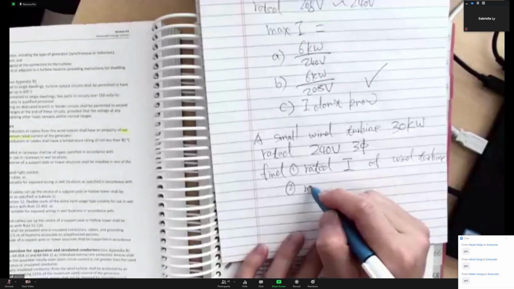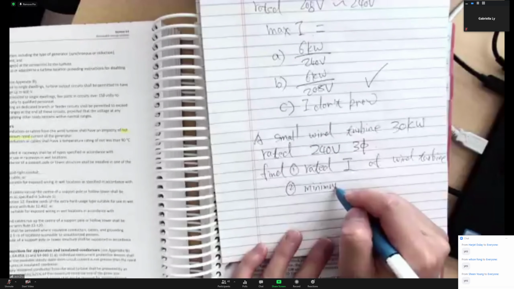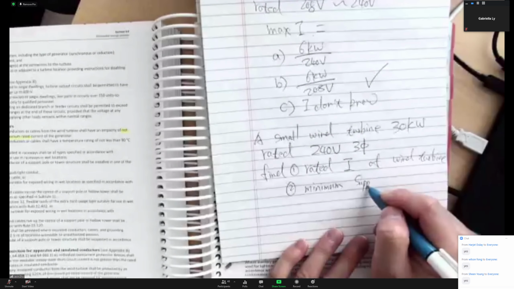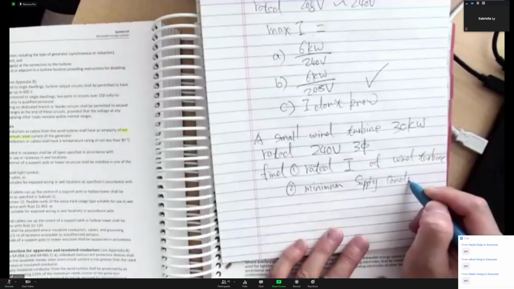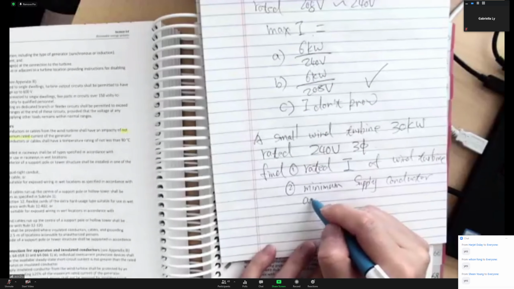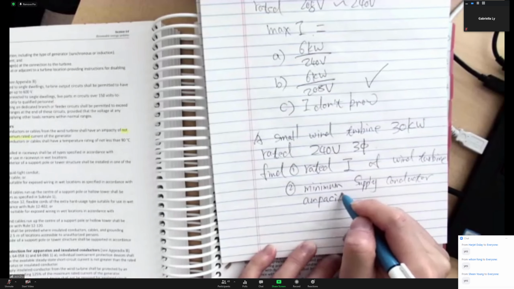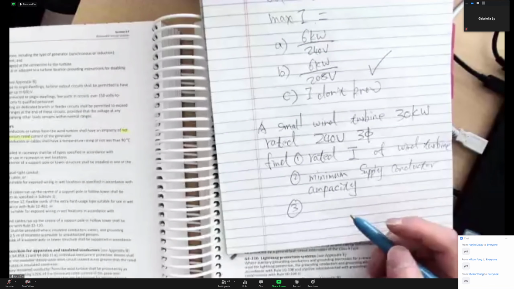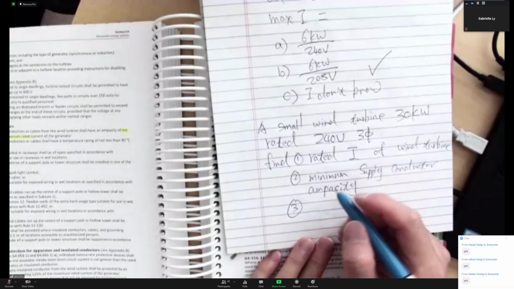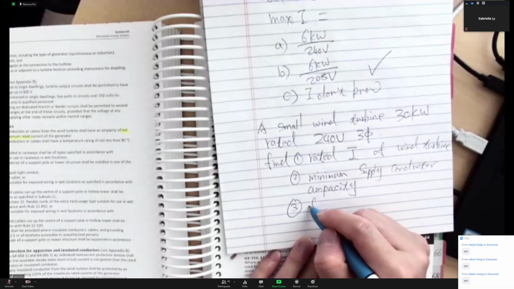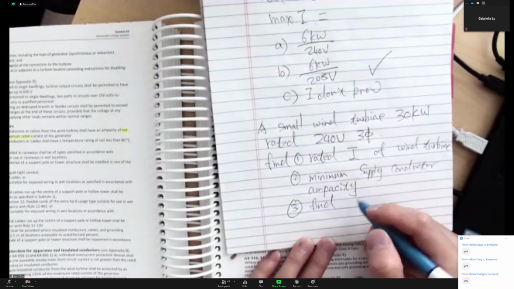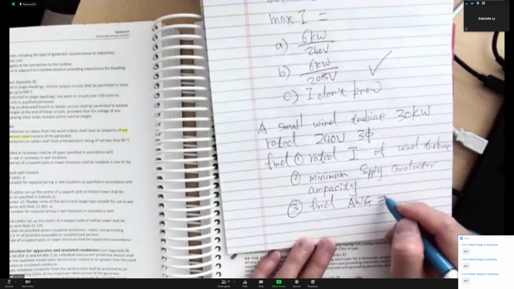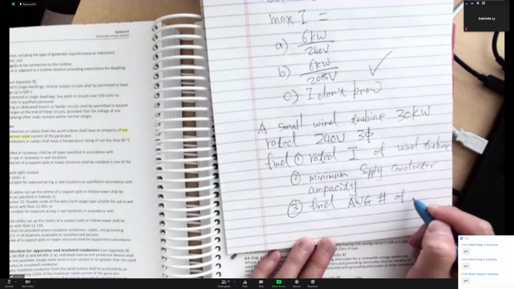Two, minimum supply conductor ampacity. Three, find the AWG number of the wire.